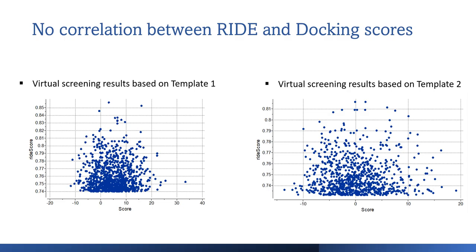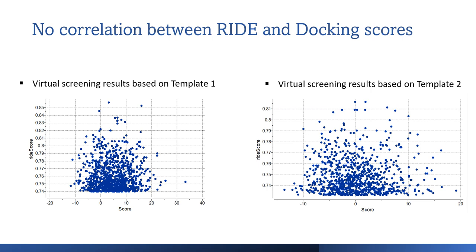For both template 1 and 2, the results of ligand-based RI and receptor-based docking screening provide a list of molecules that have no found correlation between their RI and docking score. Generally, the promising hits have both high positive RI score and low negative docking score.